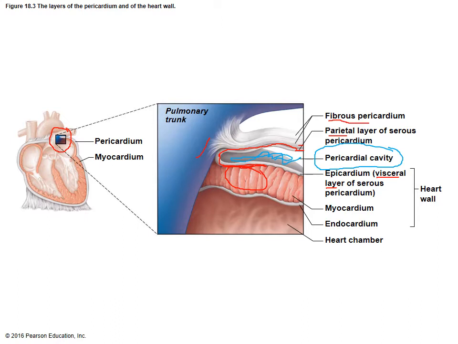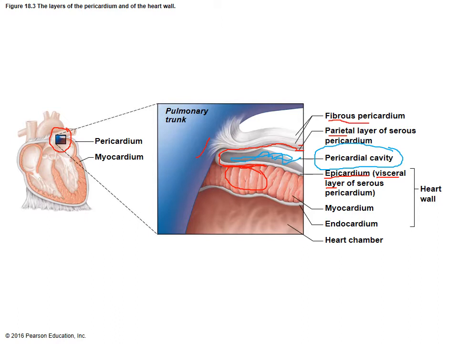Now, for those of us looking at our illustration very carefully, you're going to notice that when it came to the visceral layer, they also called it the epicardium, right? They wrote epicardium, and in parentheses, they wrote down the visceral layer of the serous pericardium.